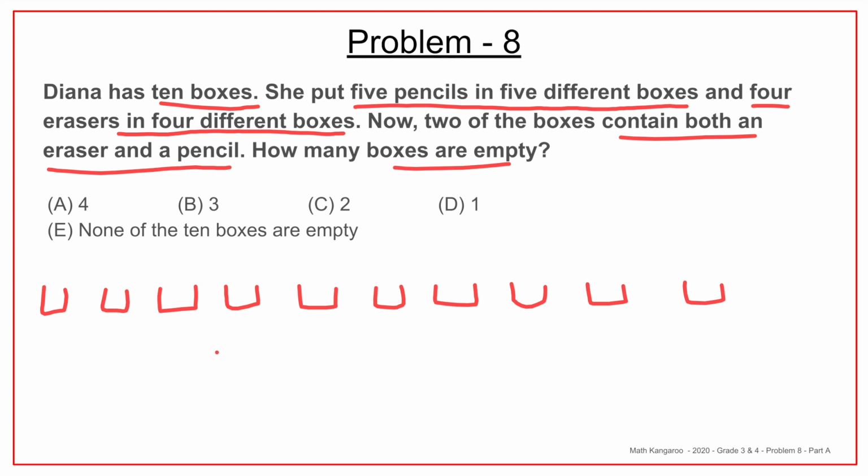It says that 5 pencils are in 5 different boxes. So we have 5 pencils in different boxes. And 4 erasers in 4 different boxes. Now 2 of the boxes contain both an eraser and a pencil. So let's say this also contains an eraser: 1, 2, 3, and 4.